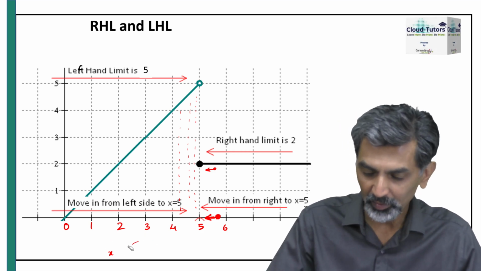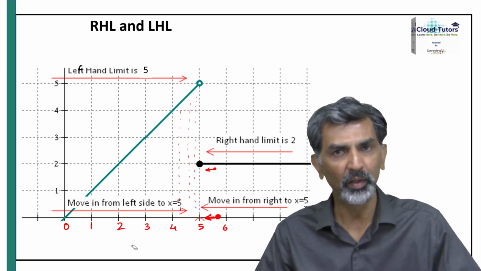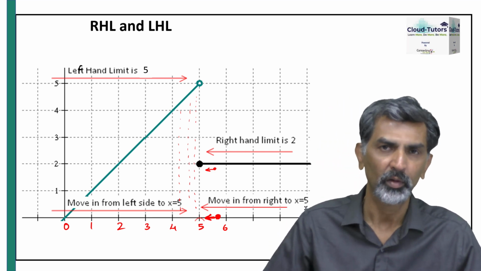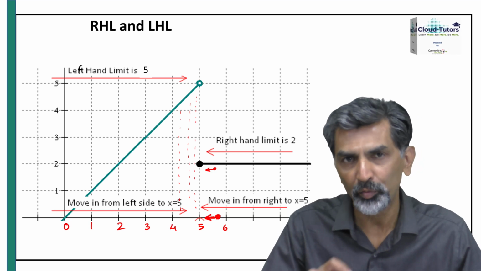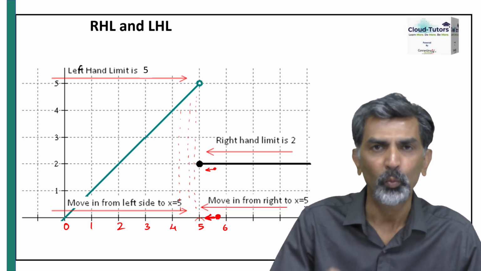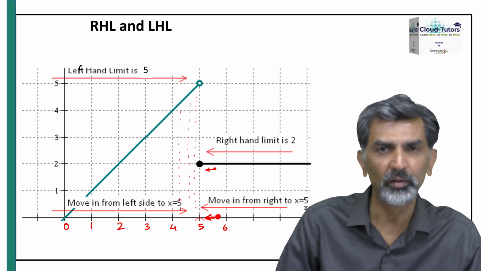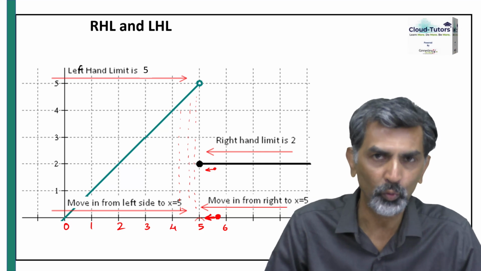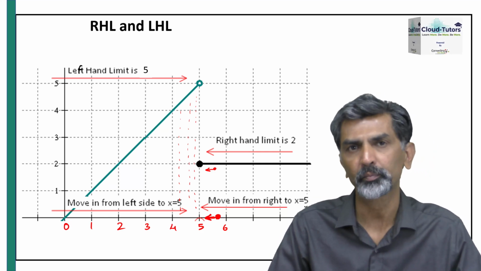And therefore we say that the limit of the function as x approaches 5 is not defined, because you should get the same value whether you approach from the left hand side or from the right hand side. And clearly in this example, those two values are not the same.